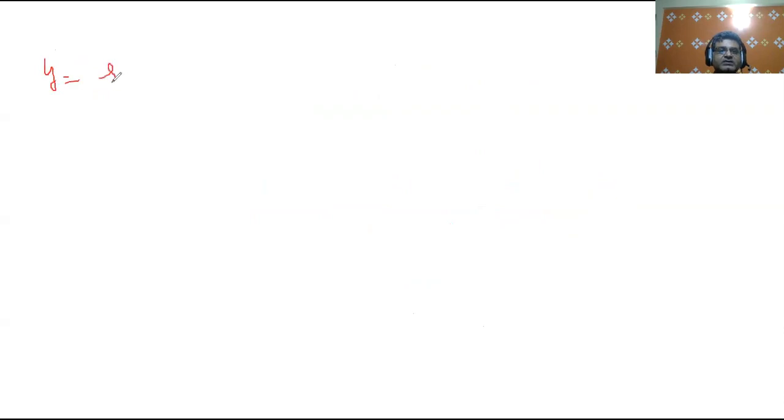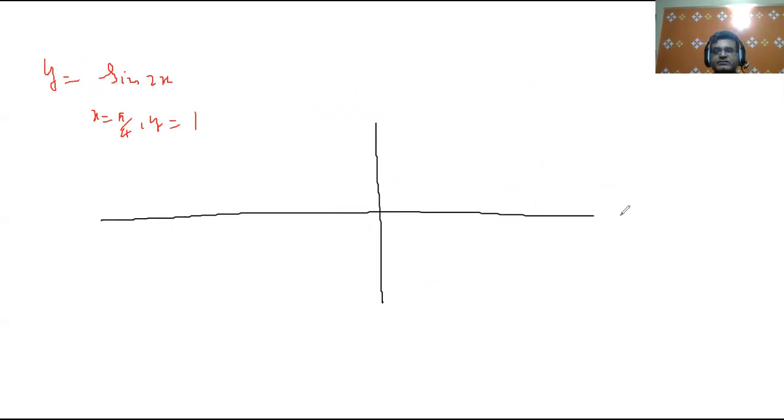If y is equal to sin 2x, in this case we can see that when x is equal to pi by 4, y is equal to 1. Then what happened to the graph? Just see what happened to the graph. Initially 0. Now we'll mention in terms of pi by 4: 2 pi by 4, 3 pi by 4, 4 pi by 4.